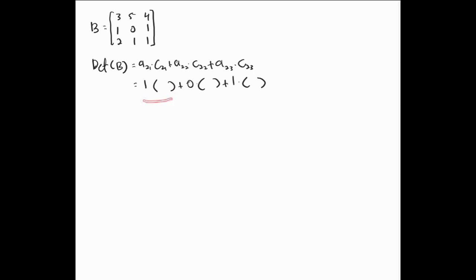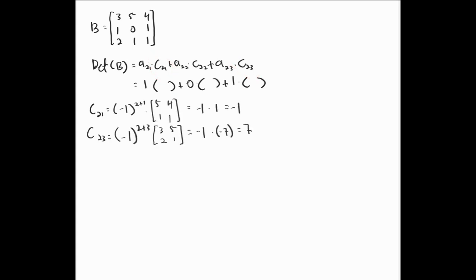So let's calculate the determinant first. As you can see, for this case, we have 1, 0, 1. So basically, we can just ignore this one, because 0 times whatever the value of the cofactor is, it becomes 0. So we will calculate C21 and C23.